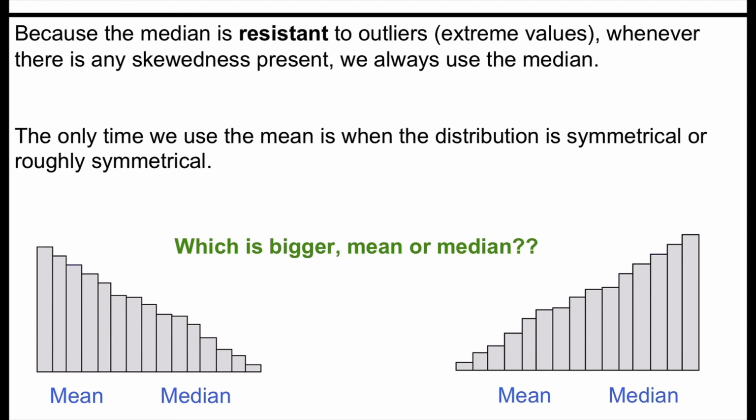If you added one of those, the mean would go up. So the mean kind of goes back and forth, right? We good? We ready? Okay. That's why the median is resistant. The median might move a little bit, but it's not going to move as much as the mean is.